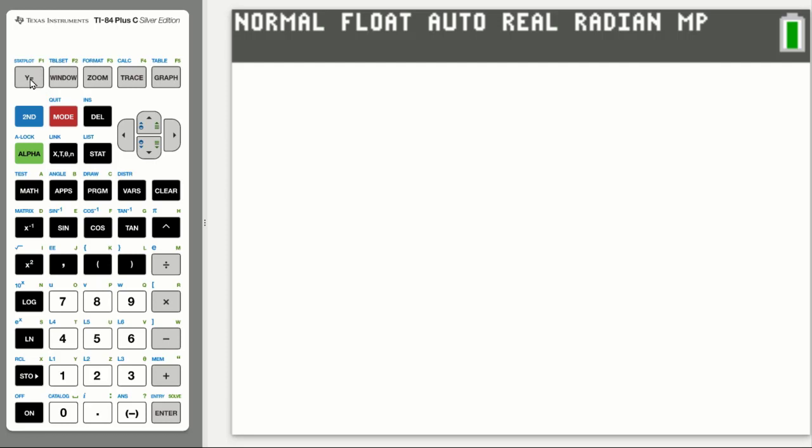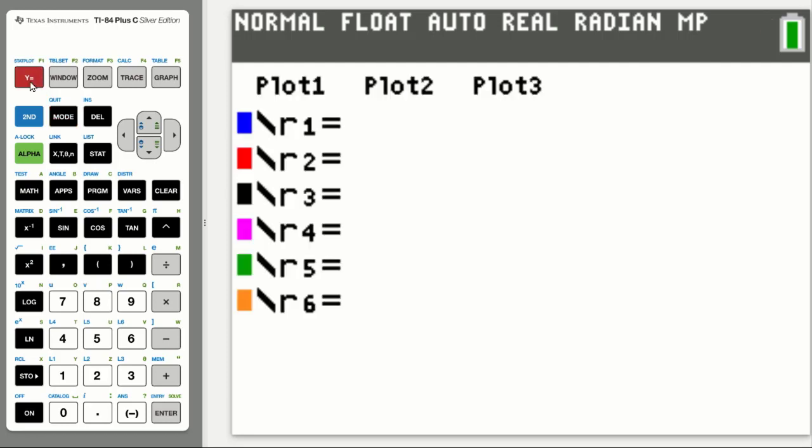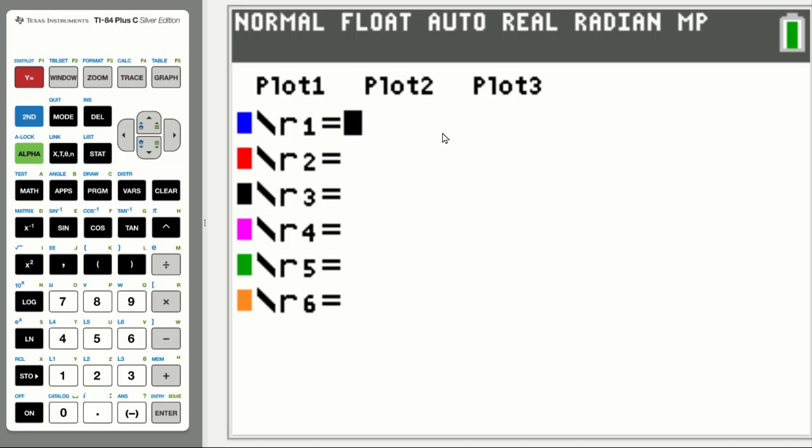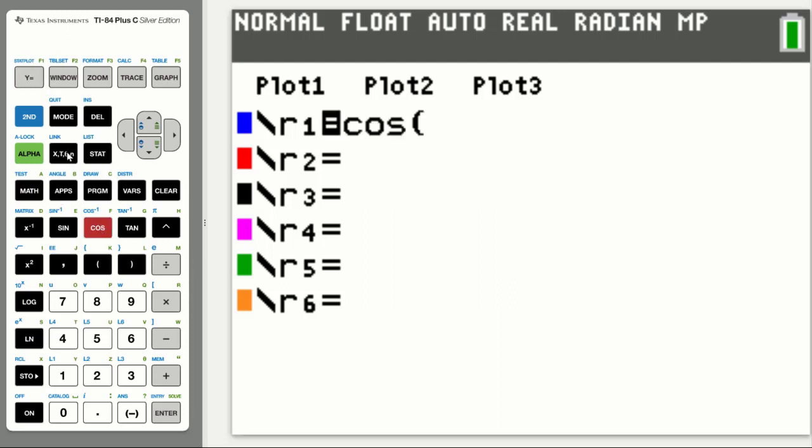We go to the y equals button right here, and now we can simply pick one line and start typing in our graph. The function that I used in the example is a cosine. So we go cosine. Theta is found on this key right here, the variable key. Now in polar mode, it's going to automatically pop out theta.